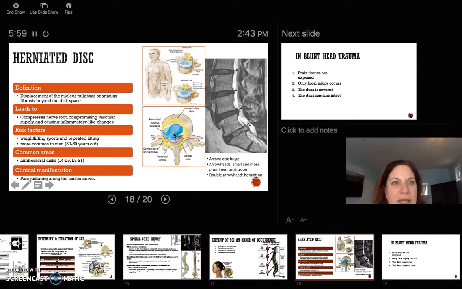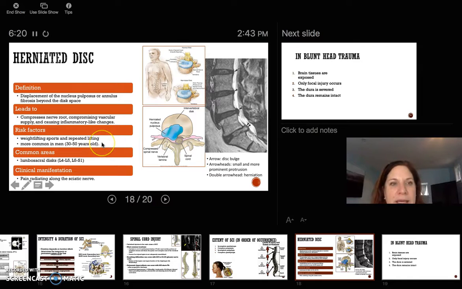So really, the disc should be here. So the nucleus pulposus should be here inside the intervertebral disc. But what's happening is it is moved, it is displaced, and it's compressing a nerve. So that is causing inflammatory changes. It can cause pain. It can cause difficulty with mobility.